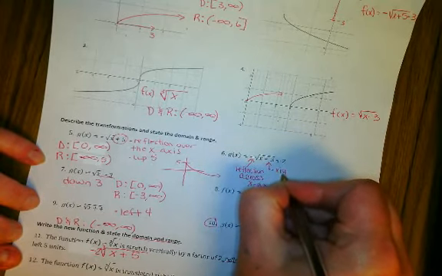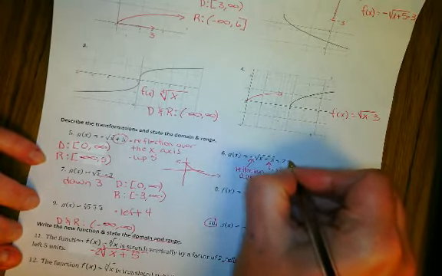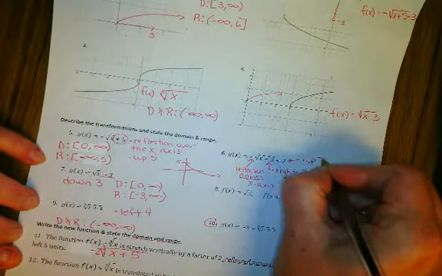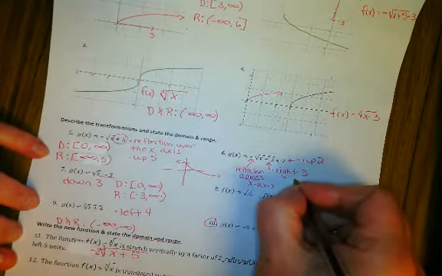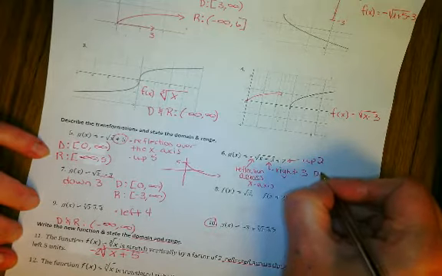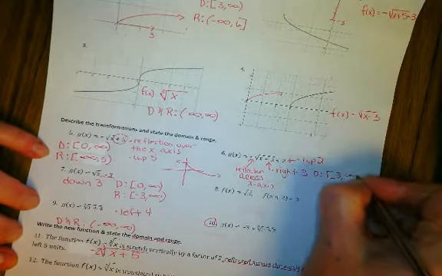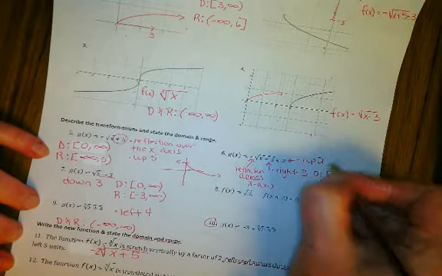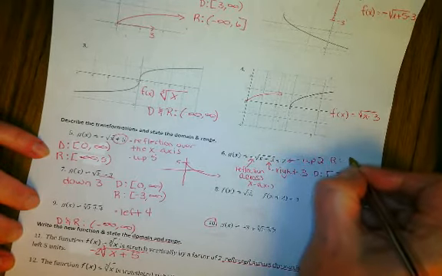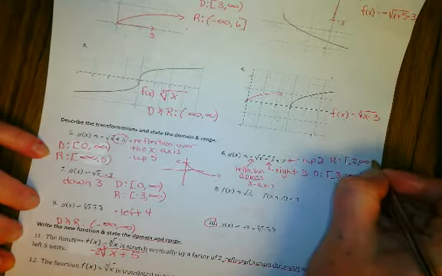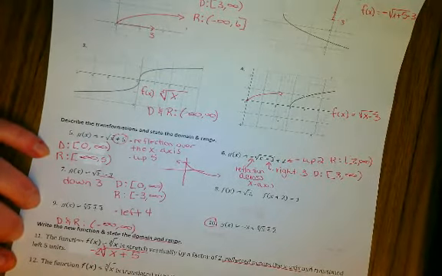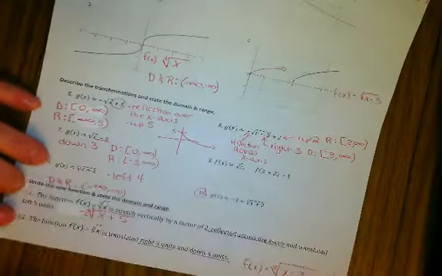This went right 3, and this went up 2. Now, if it went right 3, that means your domain would be 3 to infinity. And if this went up 2, that means your range is 2 to infinity. Okay? All right, I'll do one more with you, and then that's it.